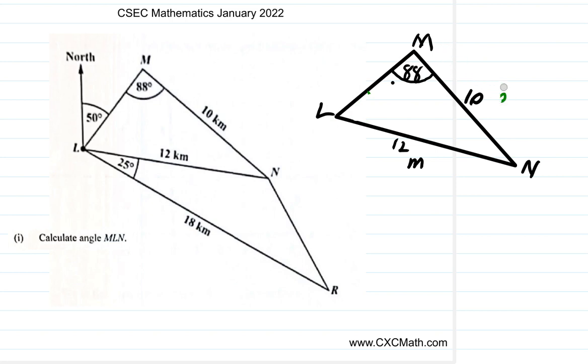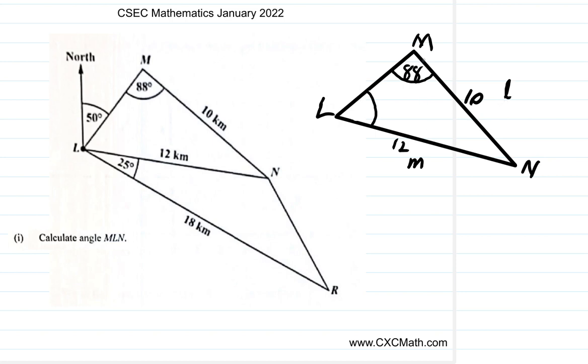But you can do the question using whatever method you want, whether you want to relabel it as A, B, and C, or you want to use these letters. This is the angle uppercase L. This would be the side lowercase l.